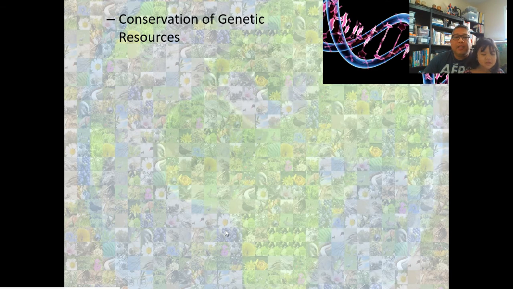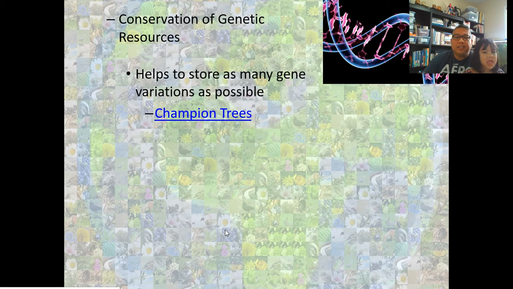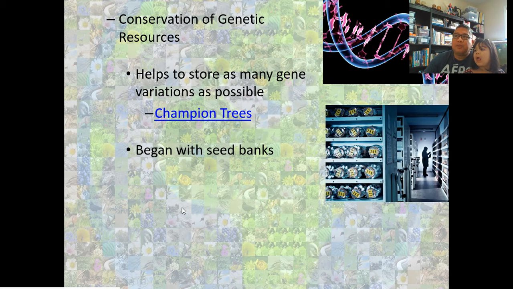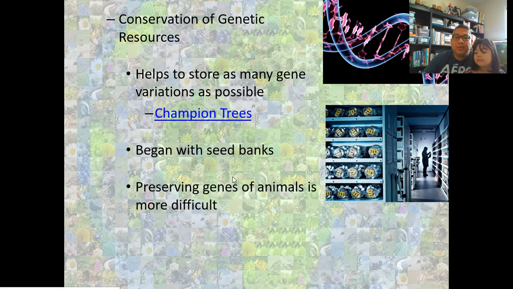Conservation of genetic resources helps us to restore as many gene variations as possible. We need to preserve more species in order to have greater genetic resources. We also have seed banks in order to preserve genes.